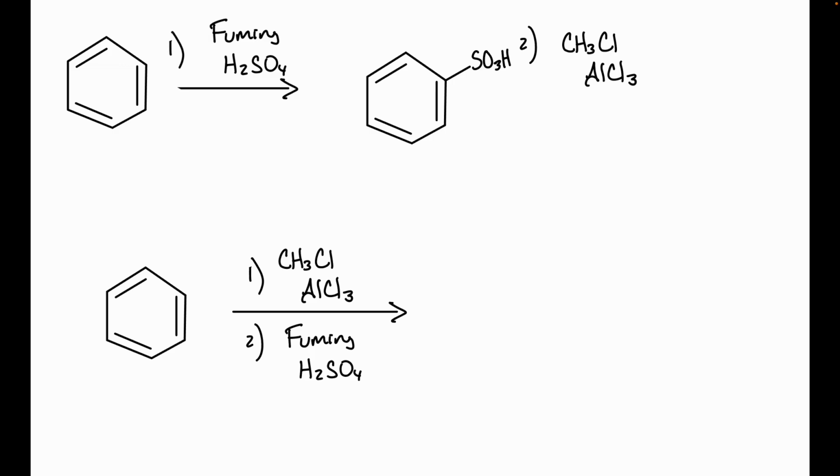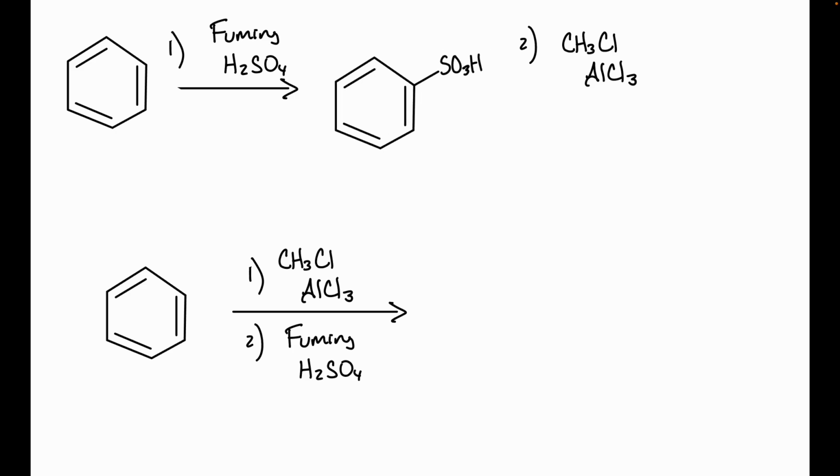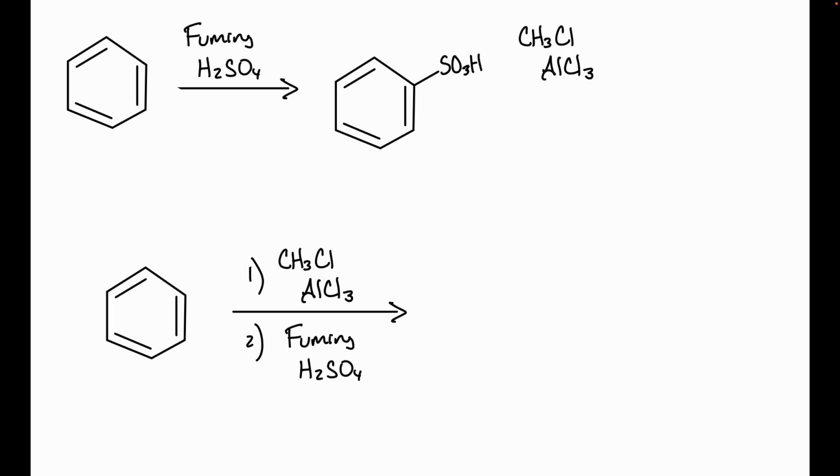All right, again, we just got to know these electrophilic aromatic substitution reactions, and you can see why it's really important, because now we're going to start mixing and matching them. All right, so that's my first reaction. Let me try to condense this a little bit.